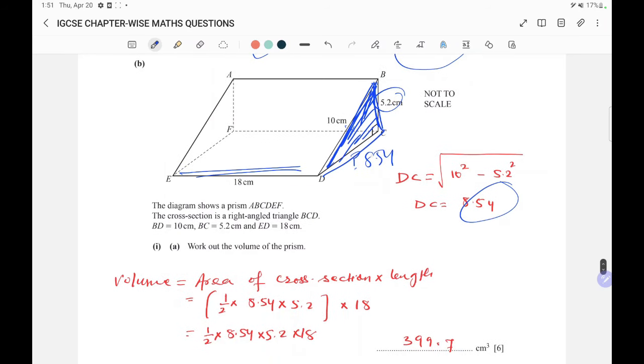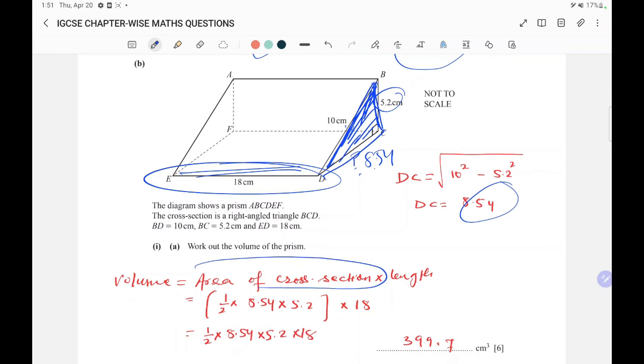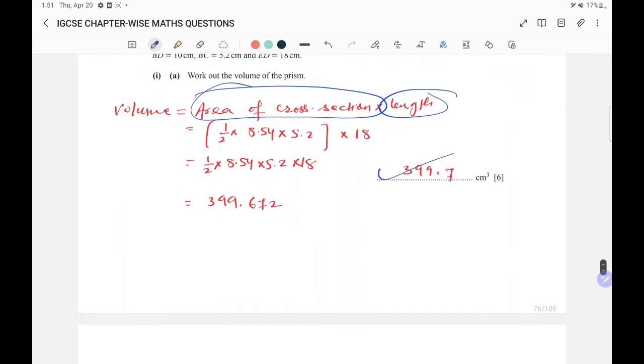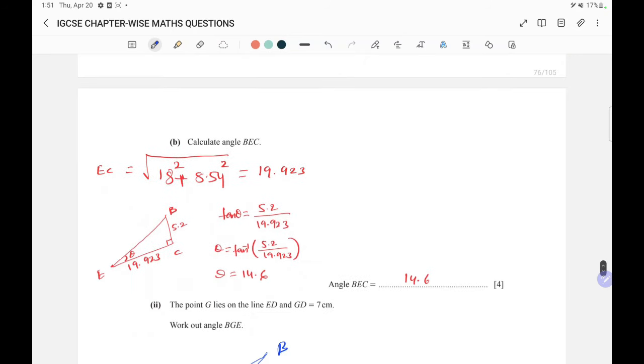Now the area of this triangle is half times 8.54 times 5.2, and the length is 18. So we know that volume is area of cross-section times length. So just put everything in the calculator, get the right answer, 399.7.